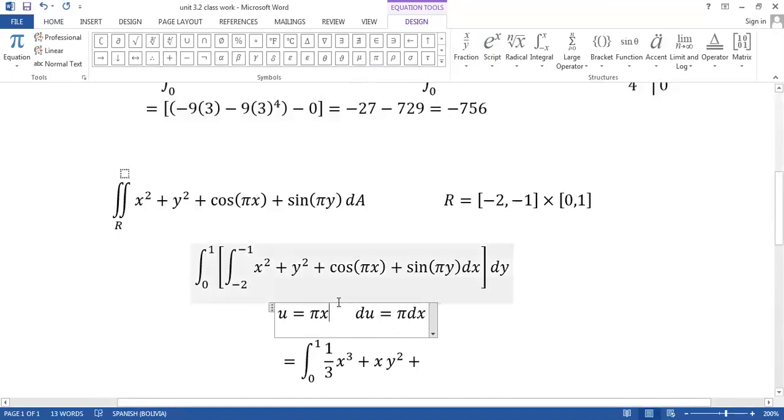You subtract 1 from it, you get 0, so the x goes. You multiply the 1 by the pi, so it becomes pi dx.